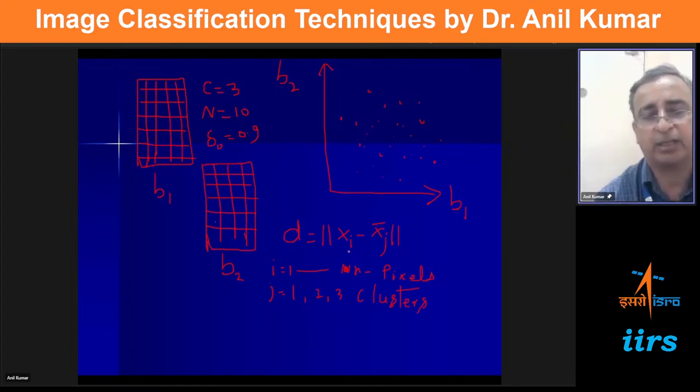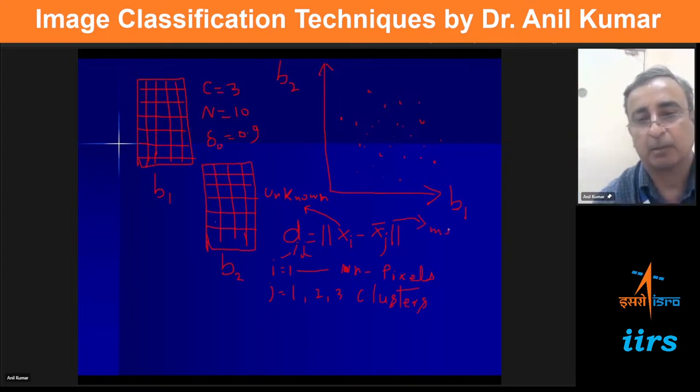So in this equation, if you see, the Euclidean distance is for the ith pixel and the jth class. So here is your unknown pixel, that is xi. It can be 1, 2, 3, any unknown pixel. And this is the mean of the cluster.